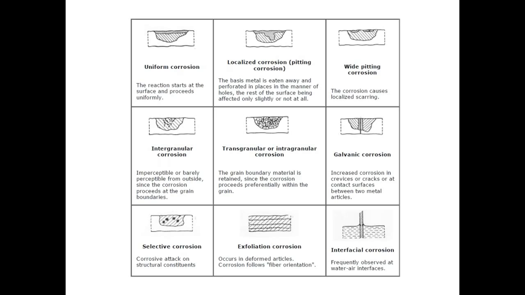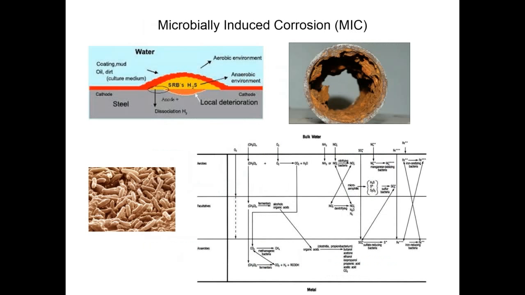Now, one corrosion mechanism that is quite complex, or too long to explain given our time, is microbially induced corrosion. Corrosion, for short, can be caused by bacteria. A very common one is sulfur-reducing bacteria, in an anaerobic environment with increased corrosion rates.